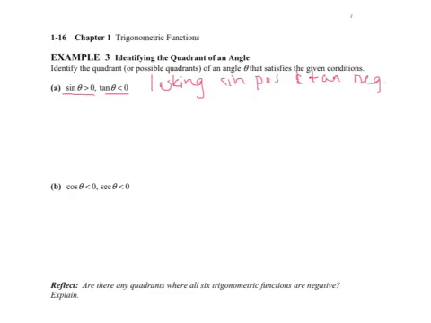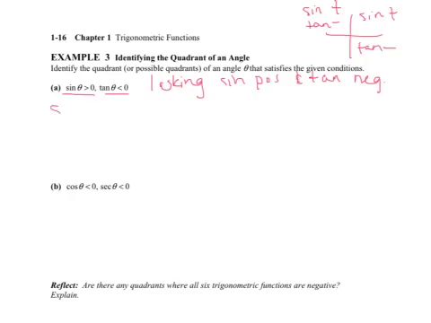If I drew a little chart here, in quadrant 1 sine is positive, in quadrant 2 sine is positive, and in quadrant 2 tangent is negative, and in quadrant 4 tangent is negative. I get those values just from looking at the chart that we just used on the previous page.